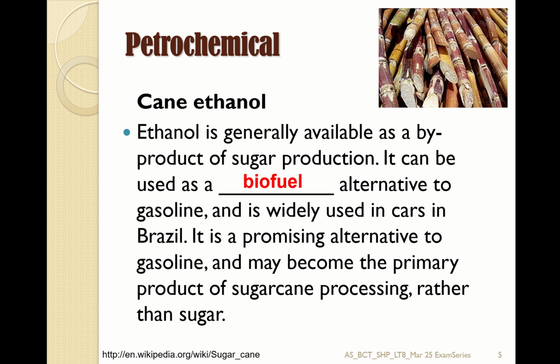But in this case, the ethanol from sugarcane is actually a byproduct of production to get sugar. But anyway, it still can be used as biofuel to run the vehicles, especially in Brazil, because they have a lot of sugarcane there.